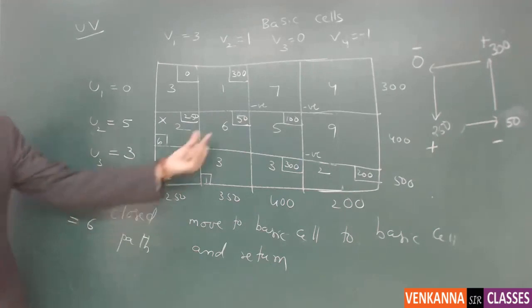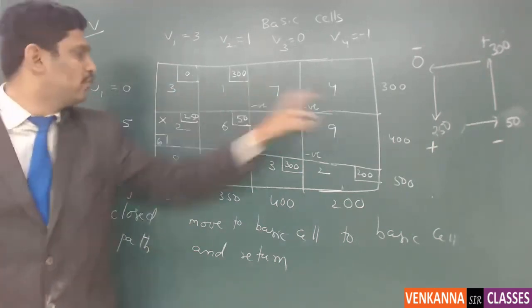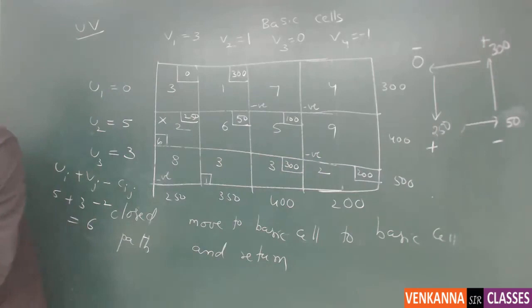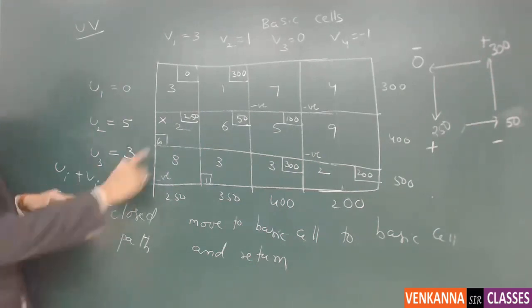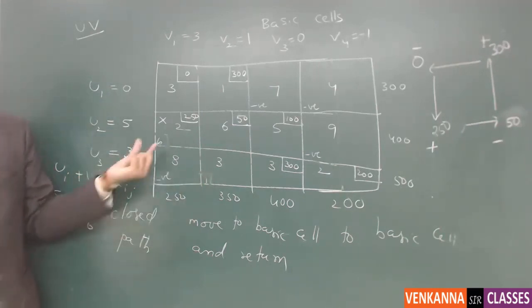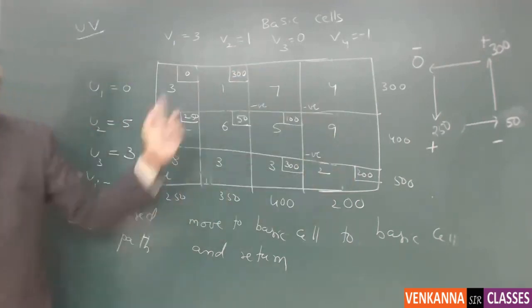This is the cost value, the original cost in the table. 3174, 2659, 8332 are the tabular values, the cost values in the table. Those are not penalties, the cost values. I have indicated the penalties with a box in the suffix like this. I have just written only 2 penalties. This is 1 penalty, this is 1 penalty. Remaining all penalties are negative.